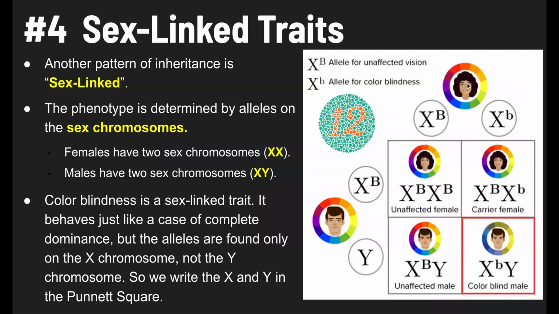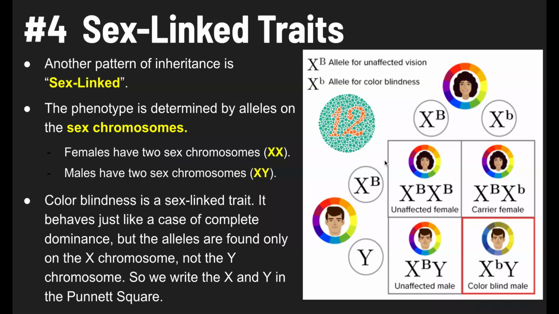So up here we have a female, a mother. She's XX. That's how we know that she's a female. And she is heterozygous for colorblindness because one of her X's has a big B and the other X has a little b. If you look at the male, the dad here, his X has a big B on it, so he has normal vision.